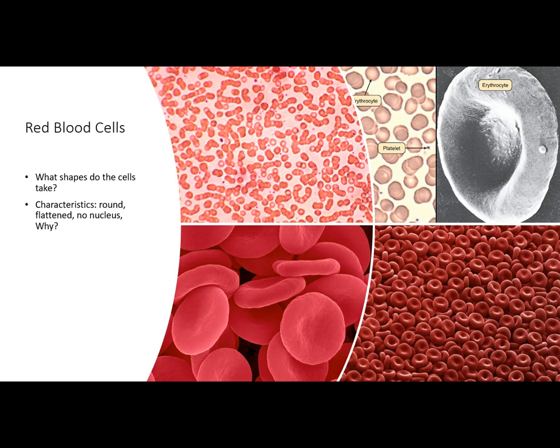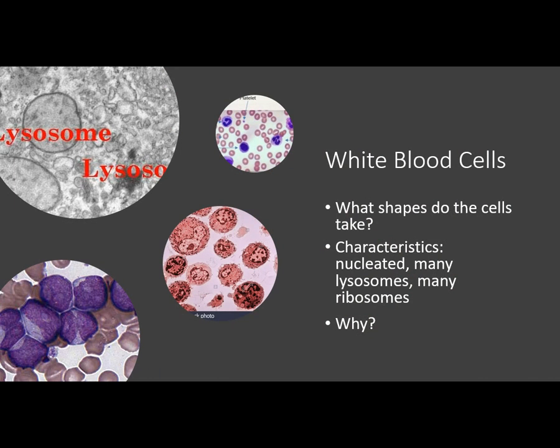So it's very important for your brain to have oxygen and for the rest of your body to have oxygen. So if they had nuclei, then they wouldn't be able to carry the oxygen. So pretty interesting.